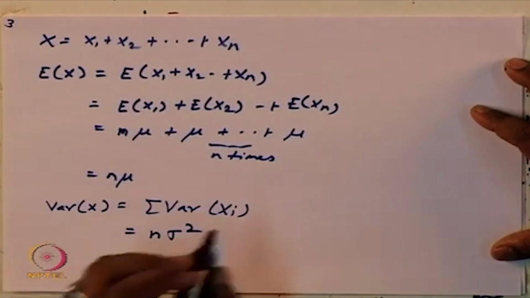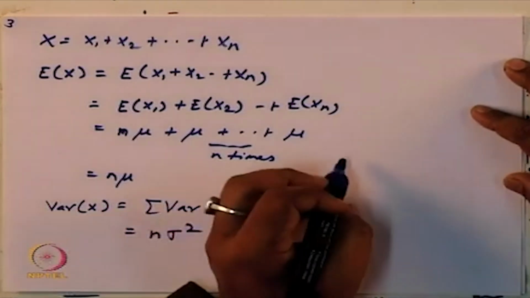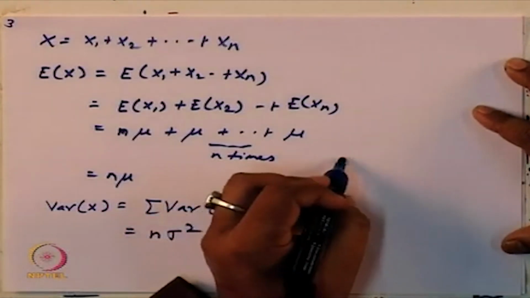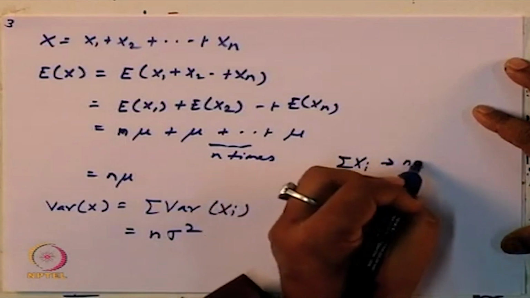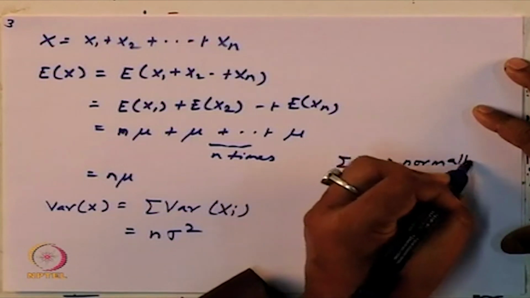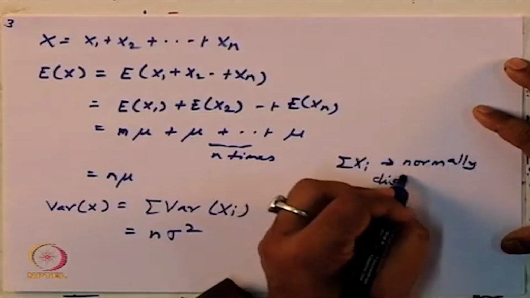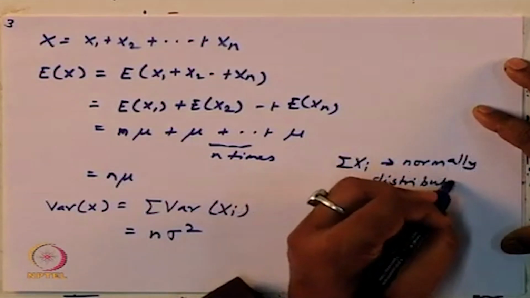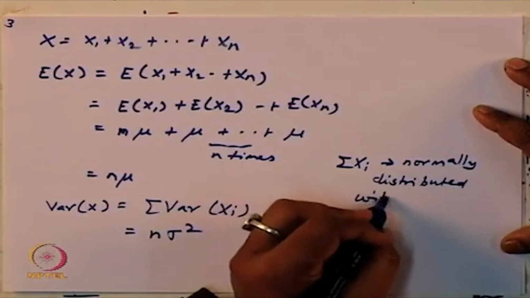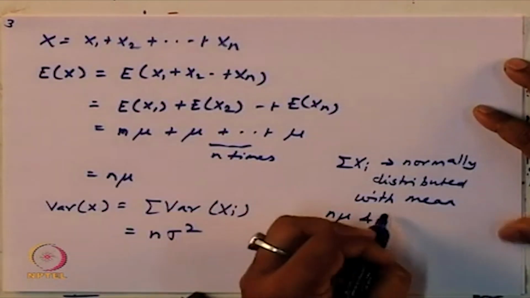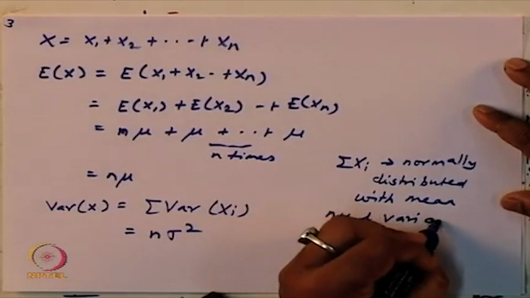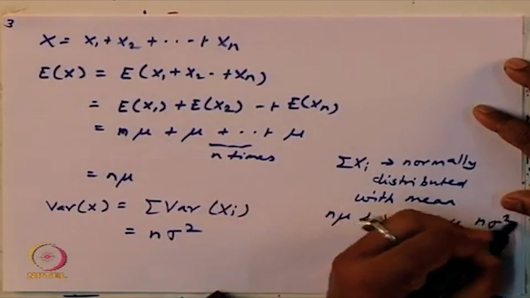So, in other words, I can say that summation xi is normally distributed with mean n mu and variance n sigma square.